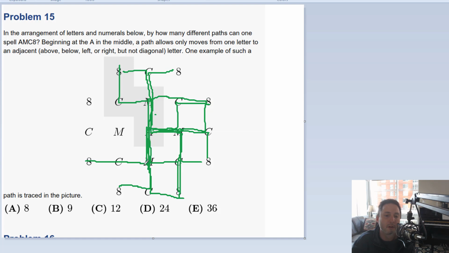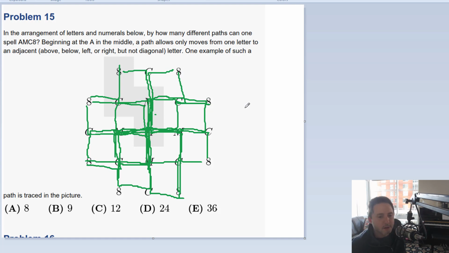Probably missed some here. 14, 15, and 16. I don't know, maybe 17. This is not going to be how we get our answer. 18, 19, 20. All right. I feel like we missed some here. Might have missed this one.